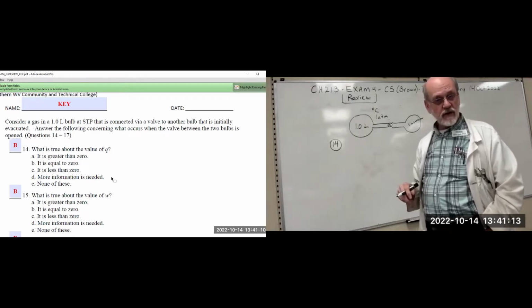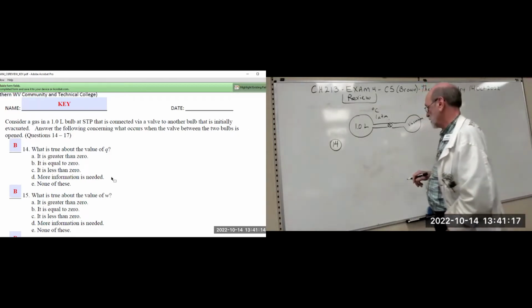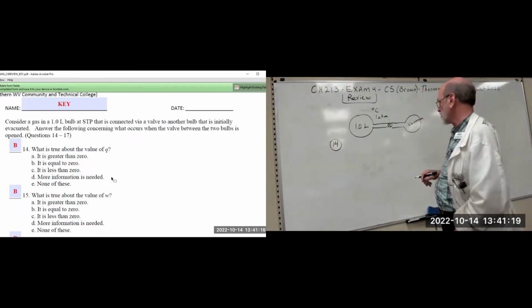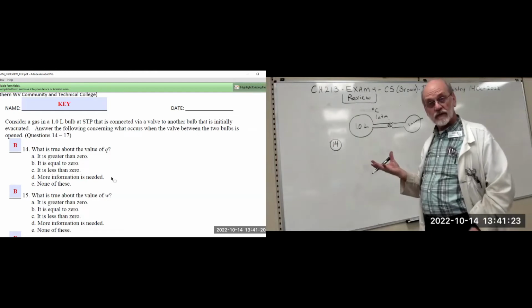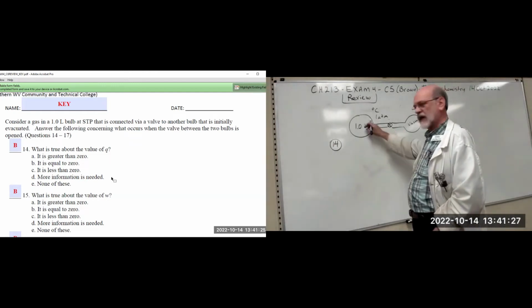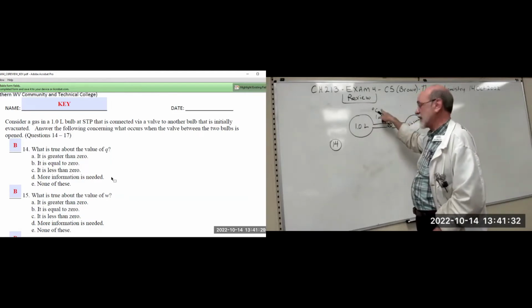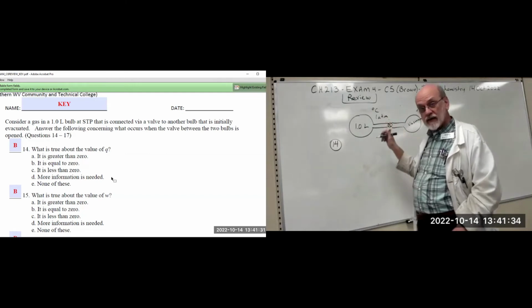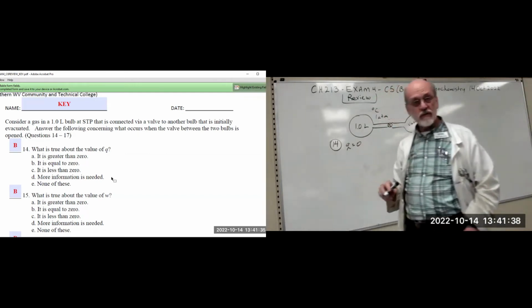Is it greater than 0, equal to 0, less than 0? Well, how do we measure Q? A transfer of heat. Is any heat being transferred? No, the gas is just expanding into that space. If it's at standard temperature the whole time, no heat is being transferred at all. Q equals 0.